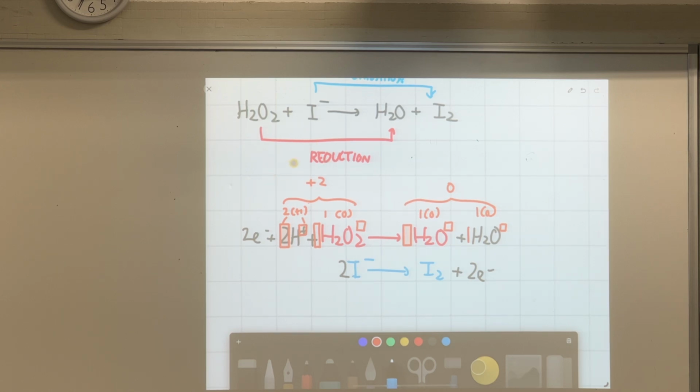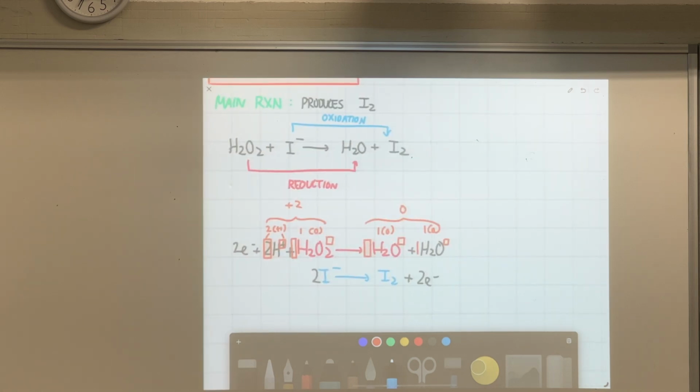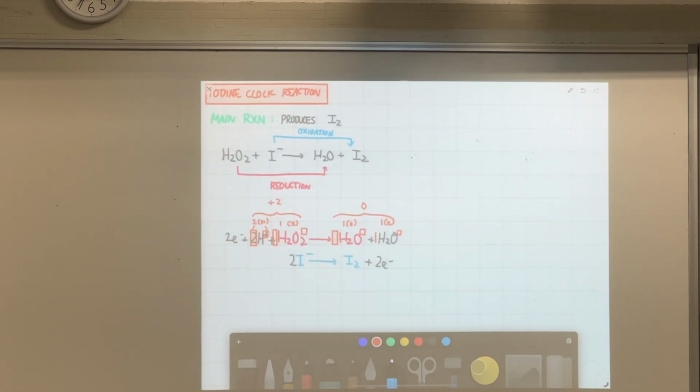Okay? Alternatively, how do we know electron must go on the left? What do we call this reaction? Reduction, right? Reduction means, is it the gain or the loss of the electron? Reduction is gain. You remember OIL RIG? What does it mean? Oxidation is loss of electron. Reduction is gain. When you say something is gained, you make it a reactant.